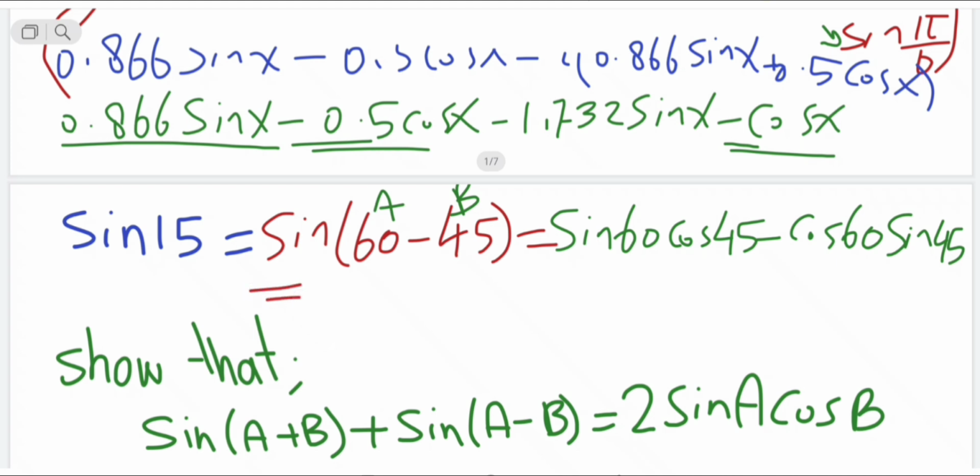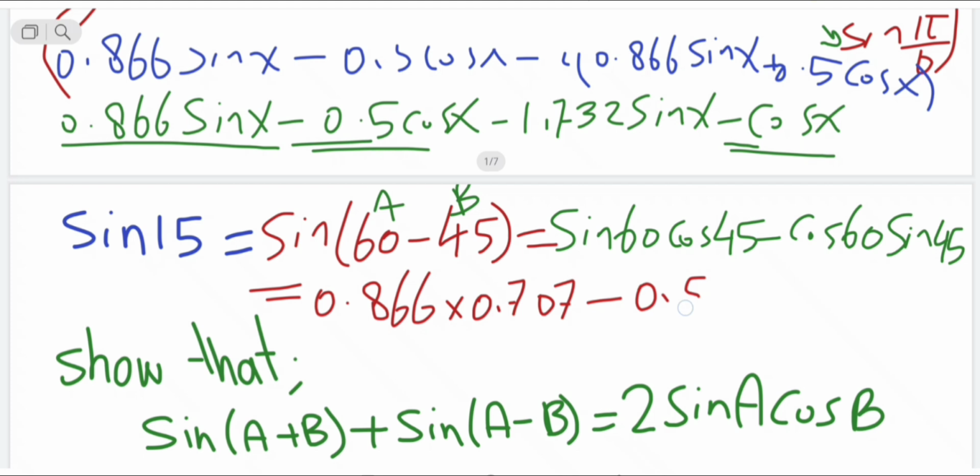Sin 60 is 0.866 multiplied by cos 45, which is 0.707, minus cos 60, which is 0.5, multiplied by sin 45, which is 0.707.